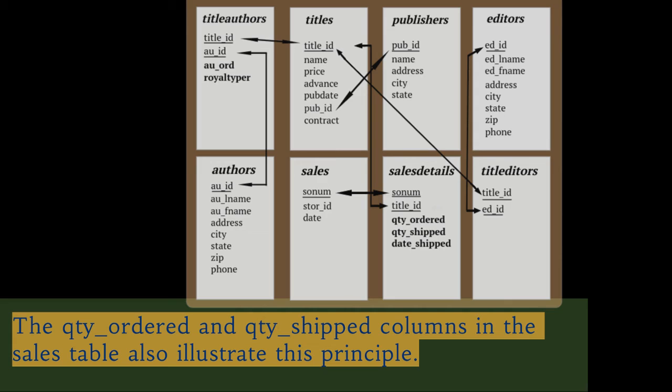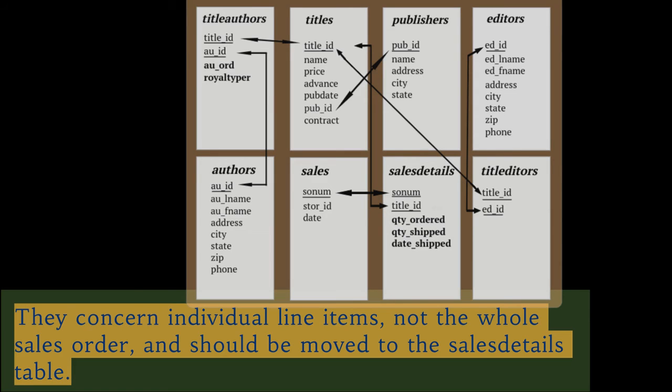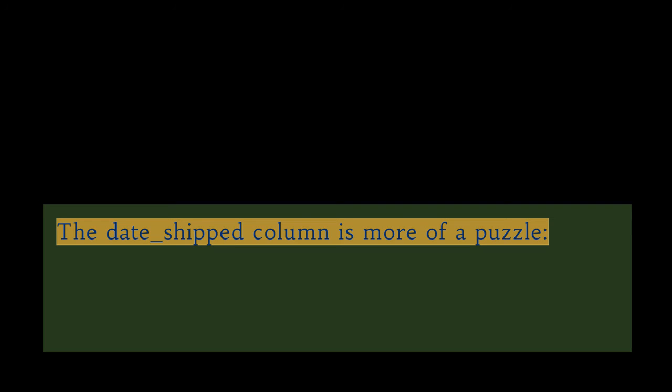The quantity_ordered and quantity_shipped columns in the sales table also illustrate this principle. They concern individual line items, not the whole sales order, and should be moved to the sales details table. The date_shipped column is more of a puzzle.